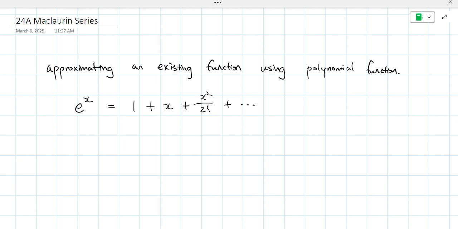You see that on the formula booklet. You don't need to memorize it. Probably the dot dot dot is x to the power of n over n factorial.